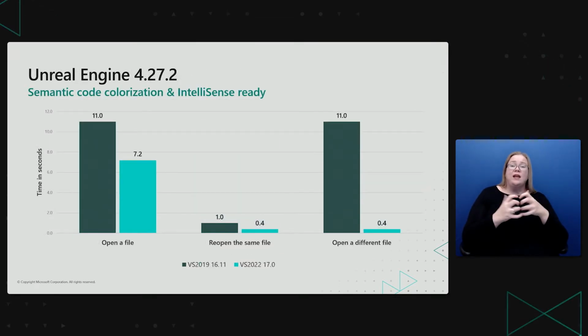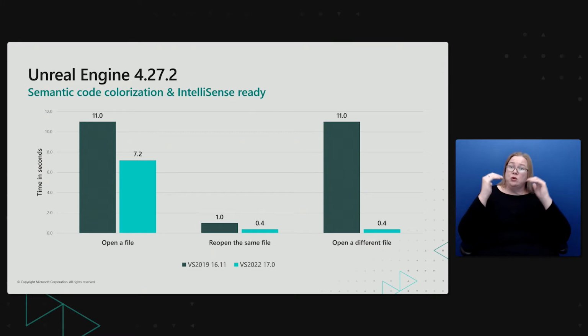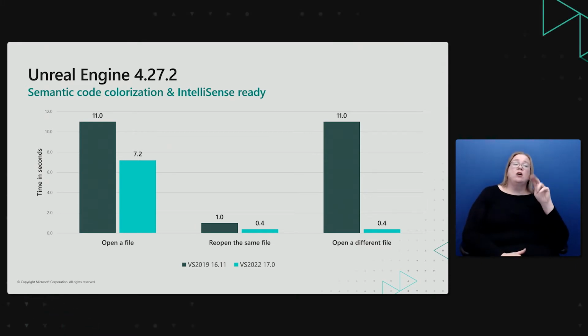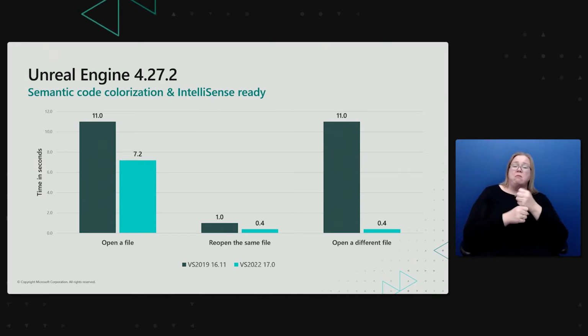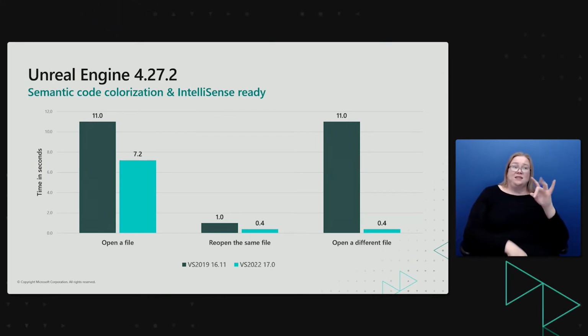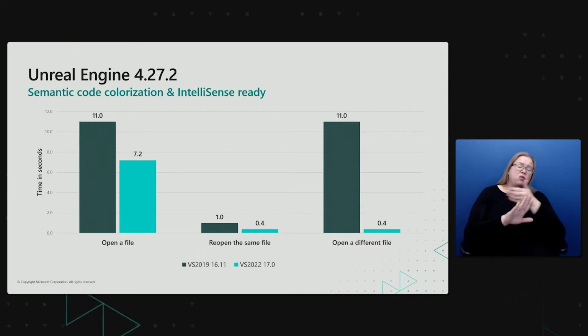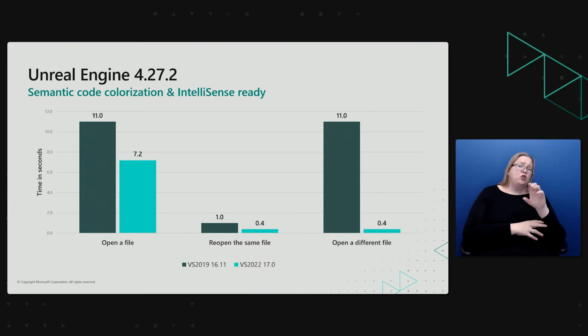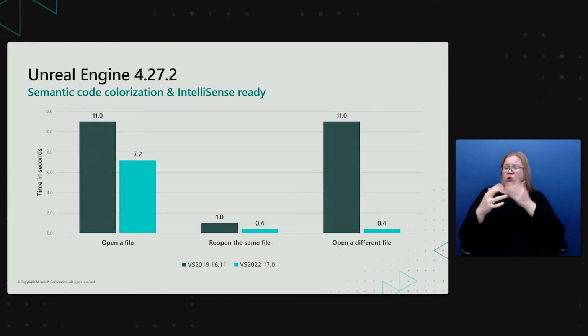For the Unreal Engine experience in Visual Studio, we have joined forces with Epic Games to deliver performance boosts to IntelliSense for Unreal Engine. Through sharing precompiled headers, we were able to make semantic code colorization and IntelliSense ready 18x faster. Previously, the time it took semantic colorization to show up and IntelliSense to be ready was the same for opening the first file and any subsequent files.